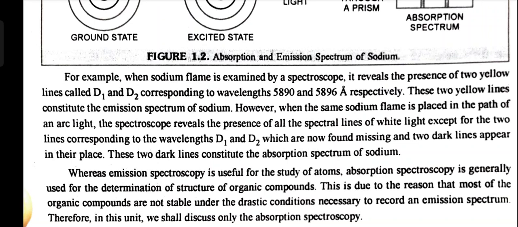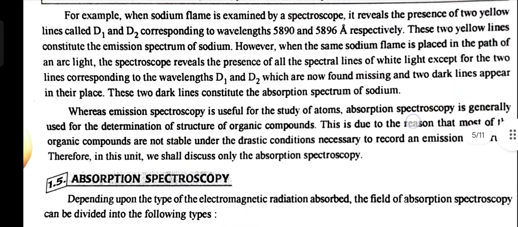However, when the same sodium flame is placed in the path of an arc light, the spectroscope reveals the presence of all the spectral lines of white light except for the two lines corresponding to the wavelengths D1 and D2, which are now found missing, and two dark lines appear in their place. These two dark lines constitute the absorption spectrum of sodium.